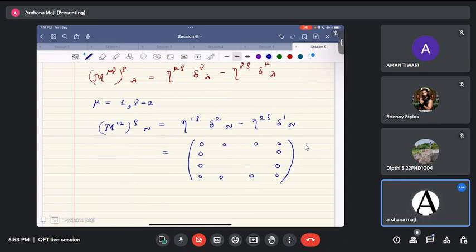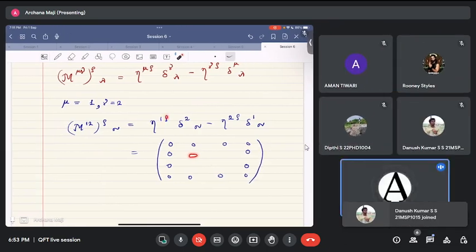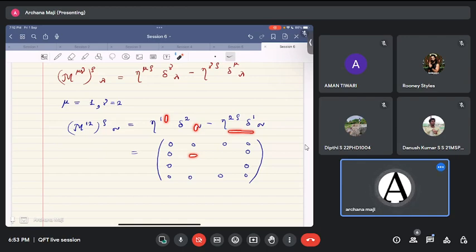So let's see. This element corresponds to rho equal to 1, and sigma equal to 1, right? Rho, sigma both 1, so this term doesn't contribute. How about this term? For this term, rho is again 1 and sigma is also 1, so again 0.